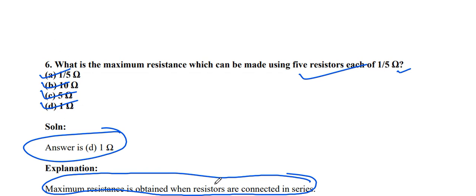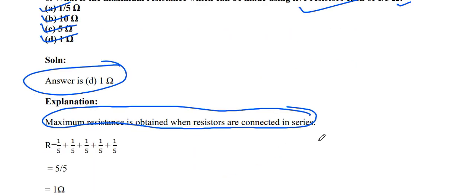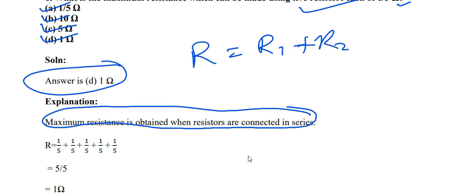This point is very important to keep in mind, then you are able to solve the question. If the resistors are connected in series, how can we write? R equal to R1 plus R2 plus R3 and so on, however many resistances are given.